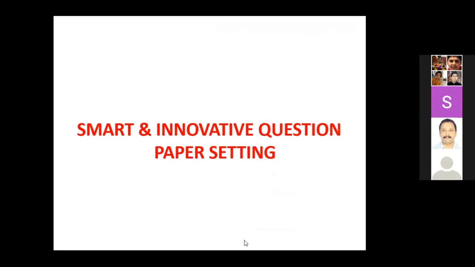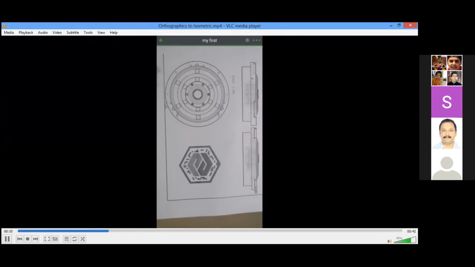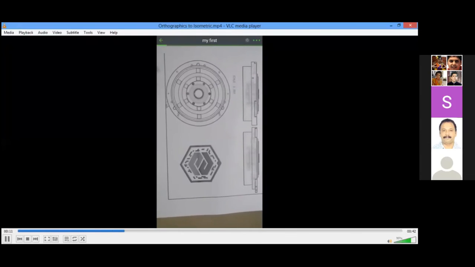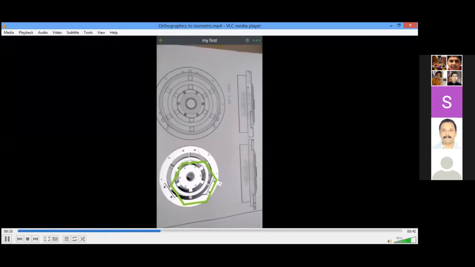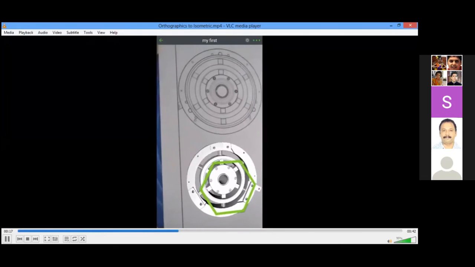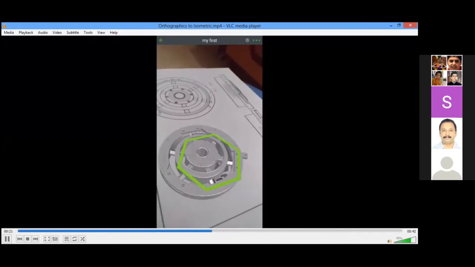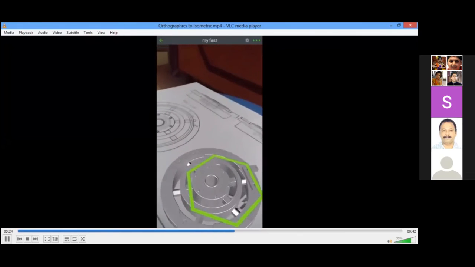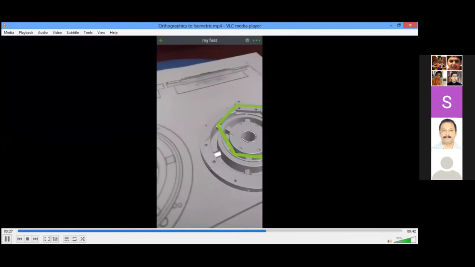Here again I would like to show how it actually works. You can see here the hexagonal code. You scan that code through your mobile, and the 3D model will be visible on your smart mobile there and then, whether you are in the classroom, your lab, at home, or anywhere at your native place.